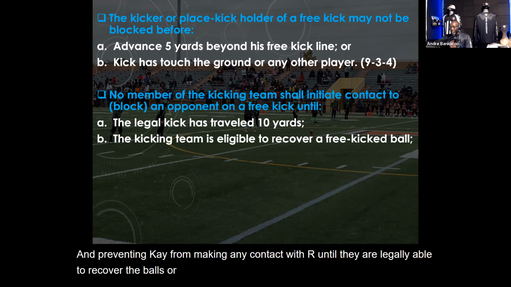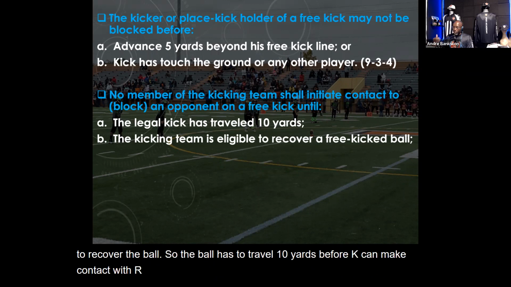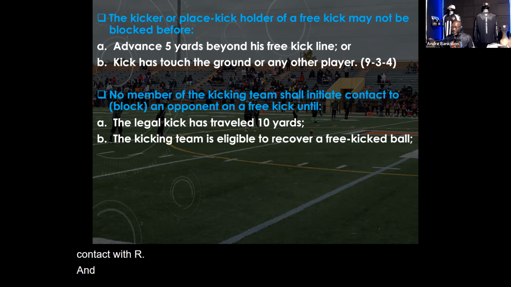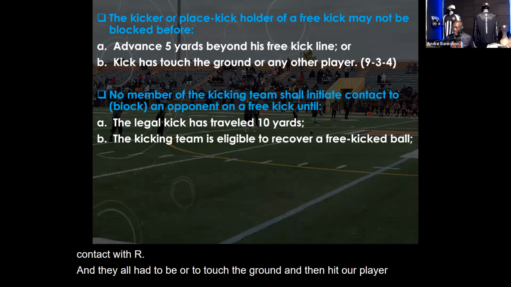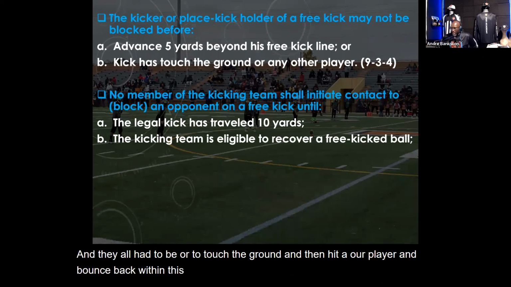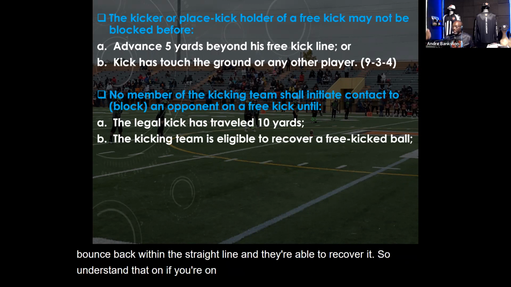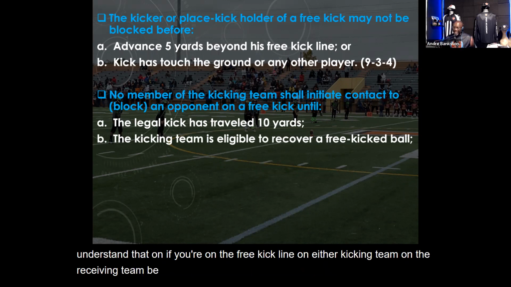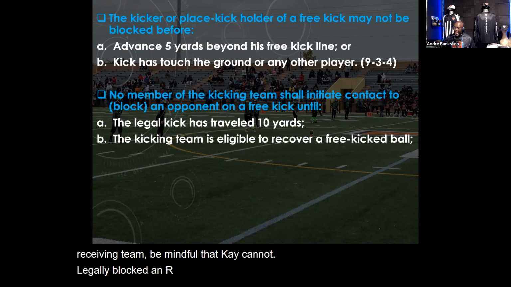So the ball has to travel 10 yards before K can make contact with R. It has to touch the ground, or hit our player and bounce back within the restraining line, and then they're able to recover it. So understand that if you're on the free kick line, on either the kicking team or the receiving team, be mindful that K cannot legally block an R player within that 10 yards unless R initiates the contact.